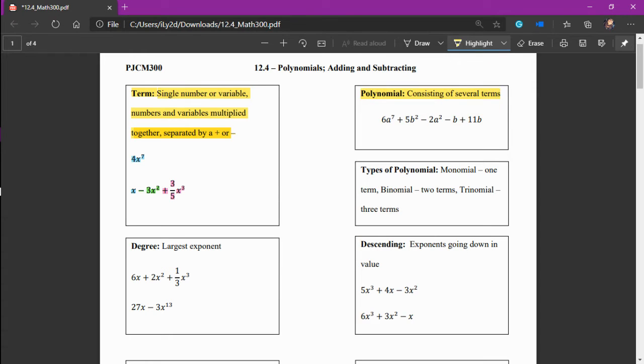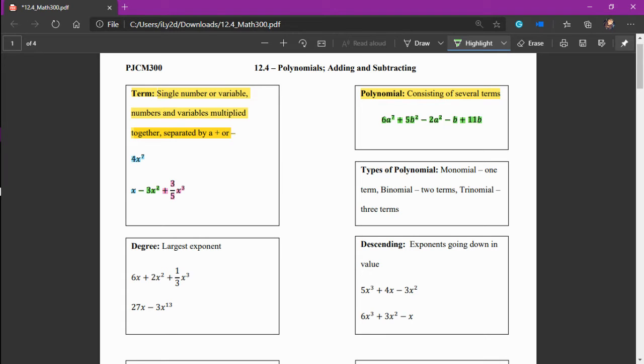Okay, so let's scooch on over to the right top. We're going to talk about what a polynomial is. Polynomial quite literally means that it has multiple terms. So a polynomial consists of several terms. Our example underneath is 6a to the 7th plus 5b squared, a negative 2a squared, a negative b, and a positive 11b.